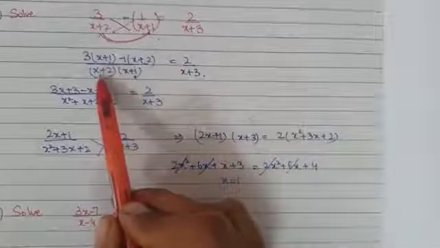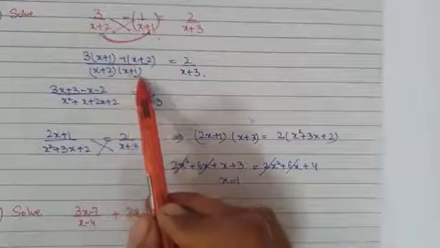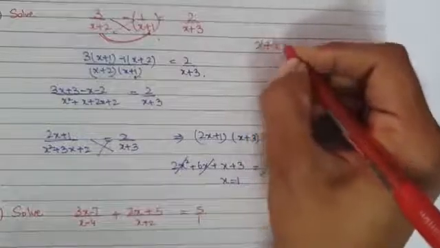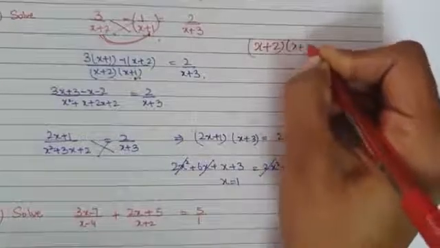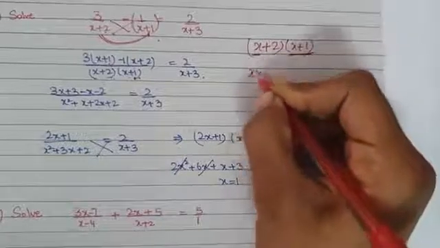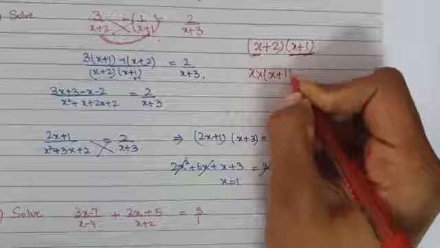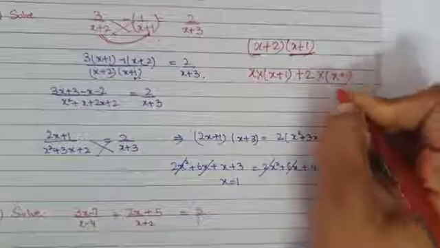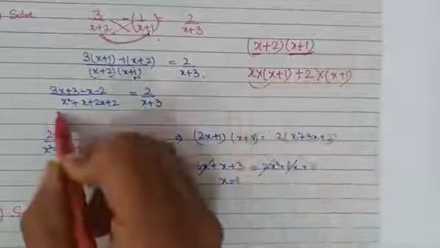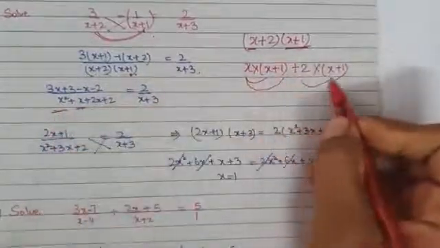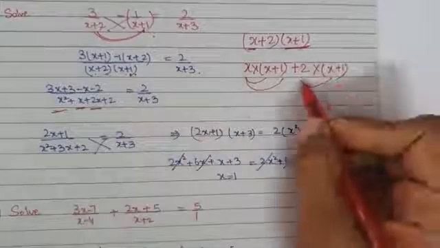Now x plus 2, x plus 1, two brackets, and you know how to multiply the two brackets. x will multiply with this whole bracket, then 2 will multiply with the whole bracket. We get x square plus x plus 2x plus 2.